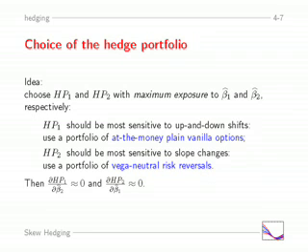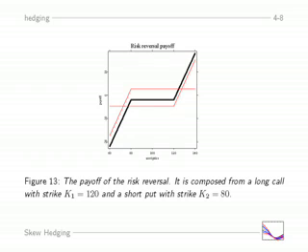Now the question is, what kind of portfolio should we take? So for first portfolio, and this portfolio should more or less be sensitive to the up and down changes, this traditional one, we choose at the money plain vanilla options. And for second portfolio, which should be very sensitive to the skew changes and not so sensitive to the level changes, we take so-called risk reversal.